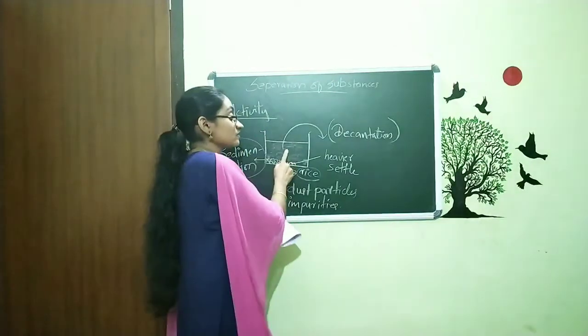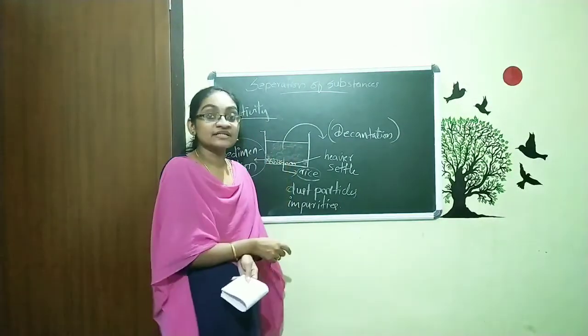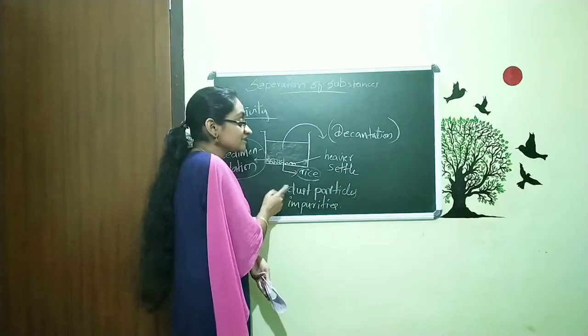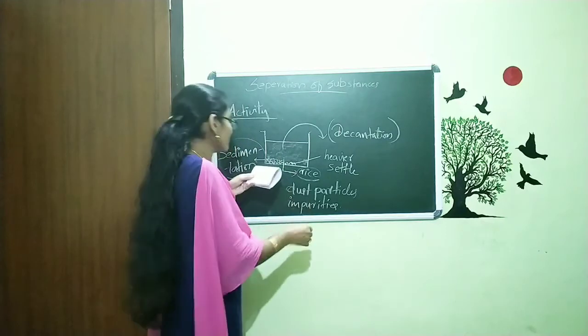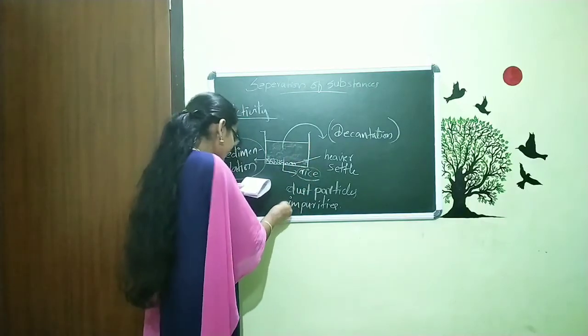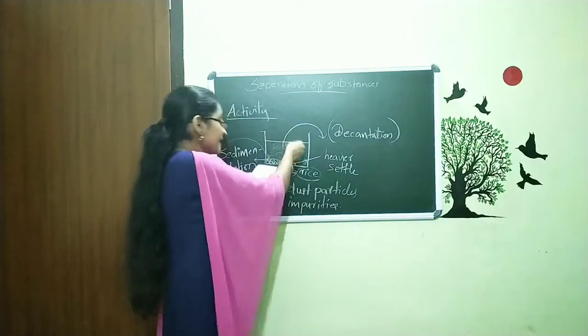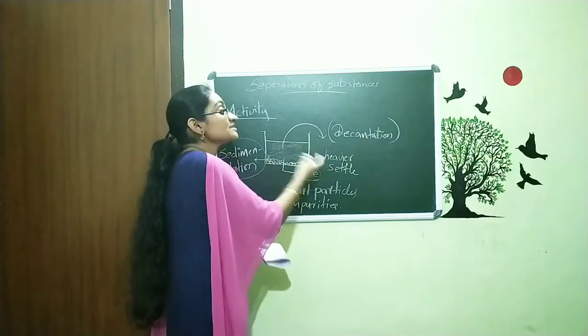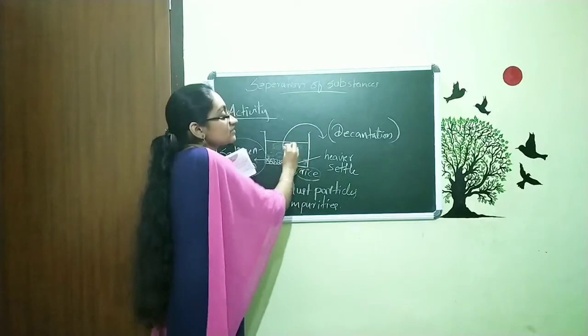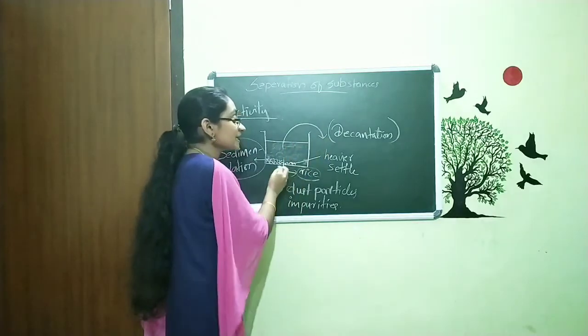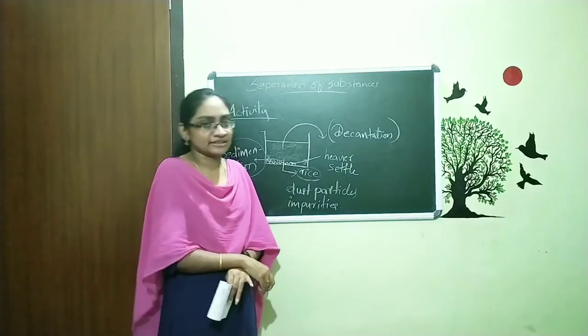What is the speciality of this water? This water is mixed with the dust particles and impurities. So, the water with the dust and the impurities can be removed by the process of decantation. How are we removing it? We just tilt this beaker, then the water will go out, but the rice will remain in the beaker.